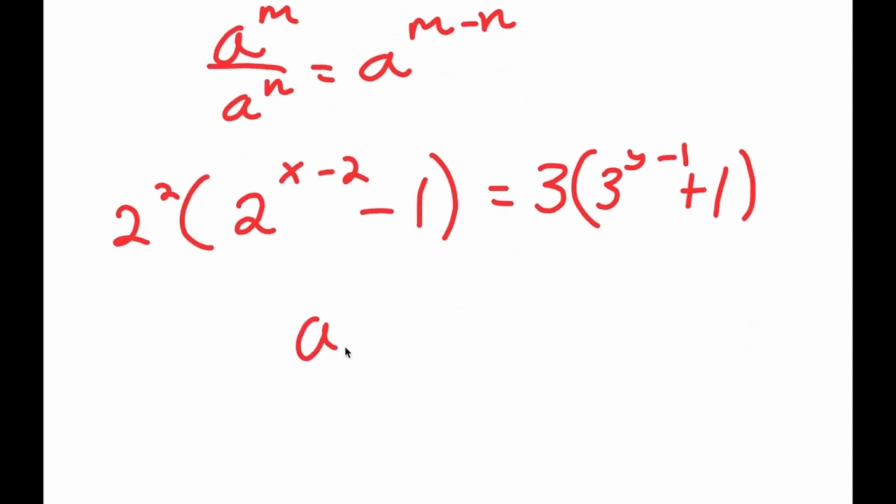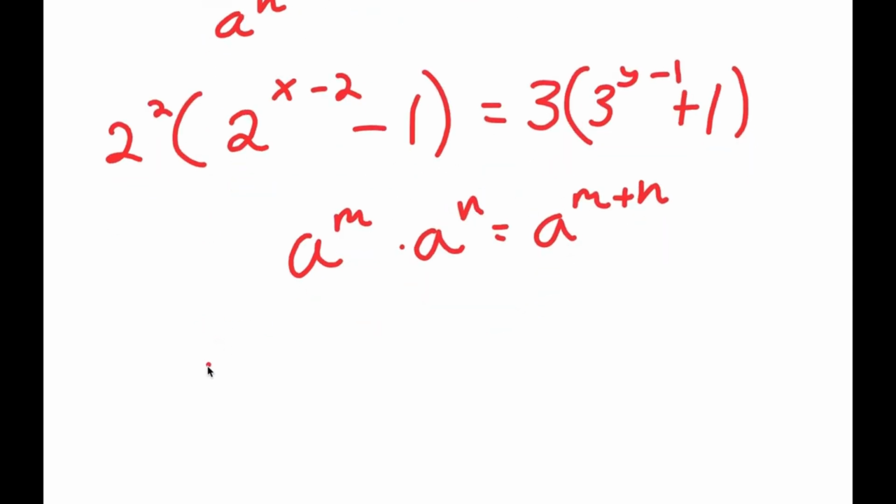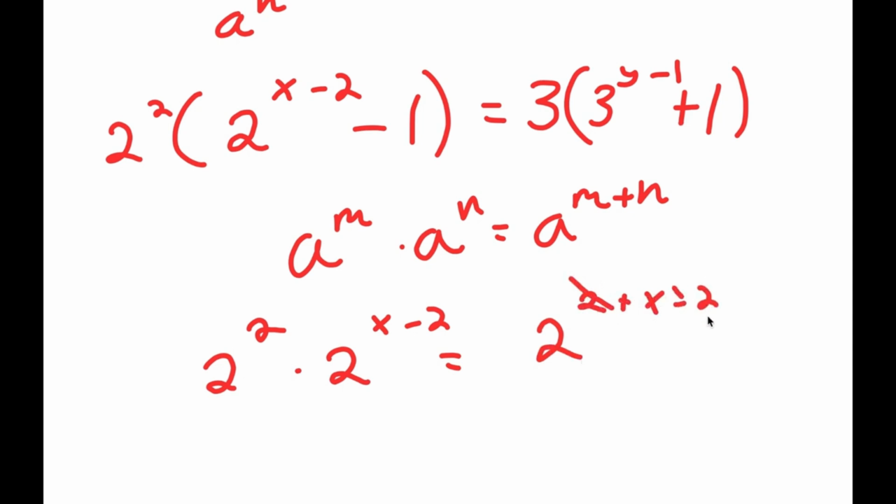Now from here, if I have something in the form a to the power of m times a to the power of n, this is equal to a to the power of m plus n. So 2 squared times 2 to the power of x minus 2, this is equal to 2 to the power of 2 plus x minus 2, and 2 and negative 2 cancel out, so I just get 2 to the power of x.